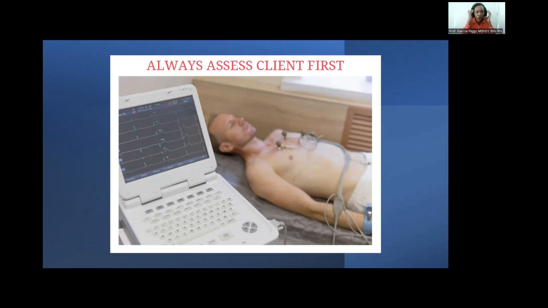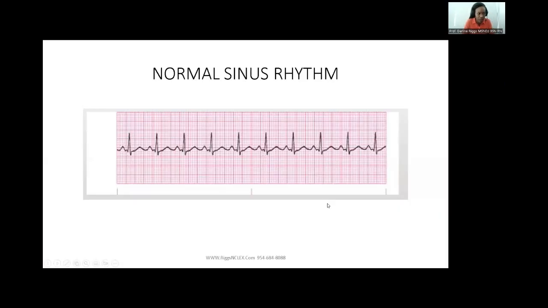I've seen so many test questions where students miss that. It's just a disconnected lead and students are ready to code the client. So you always want to assess your client first before dealing with the machines or the equipment, whatever it may be. Keep that in mind always, because remember, you're client-centered.